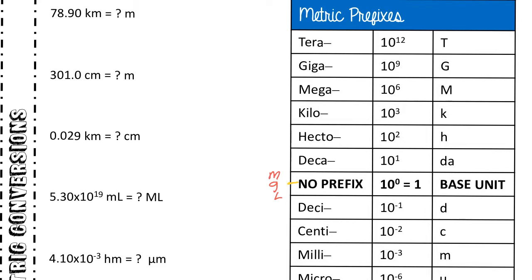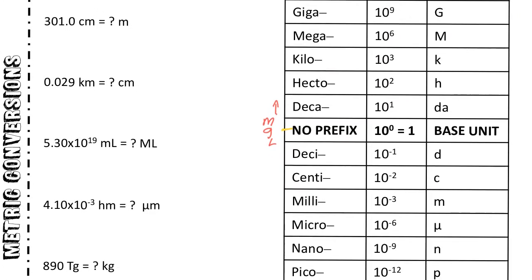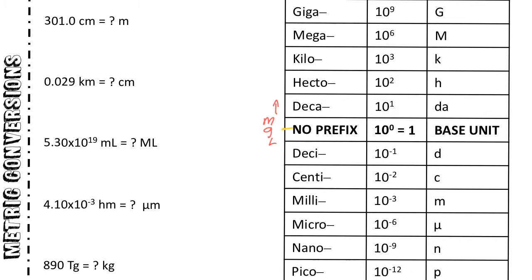So when we're going above the base units, those are all bigger than one base unit. So deca would be 10 of the base unit, hecto would be 100, kilos 1,000, megas a million, and so on and on up. Now when you're dealing with prefixes that are below the base unit, those are all going to be smaller than 1.